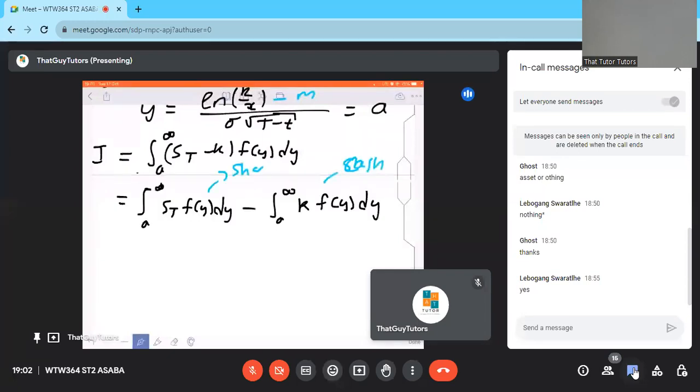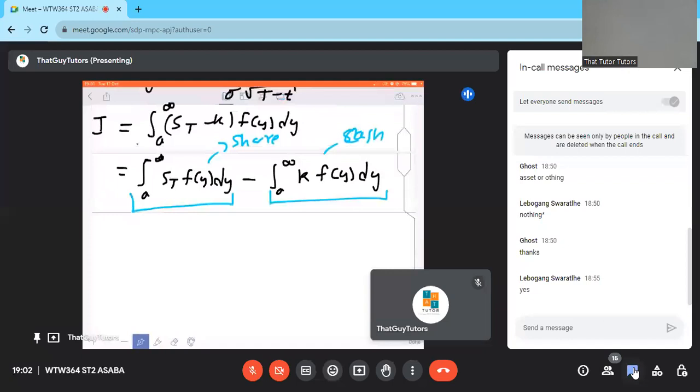You can do this one, and then this other part as well. I'm not sure if you want me to go into details about these two things. Do you want me to finish up these two things? You can call this one I1 and this one I2, and then you can solve them independently.